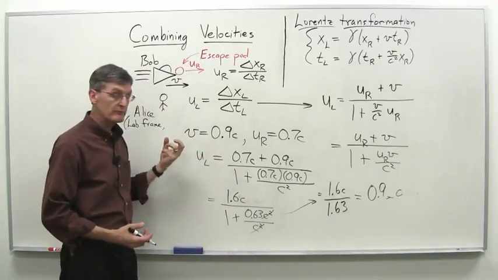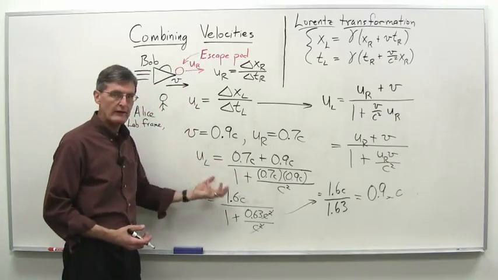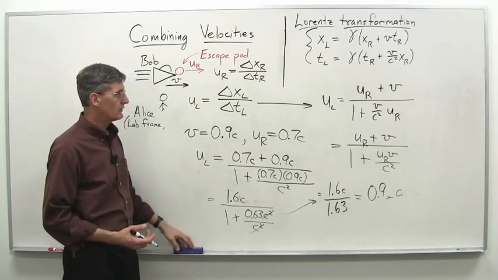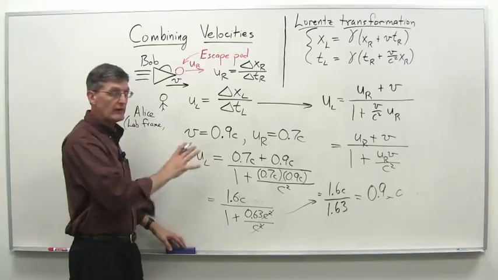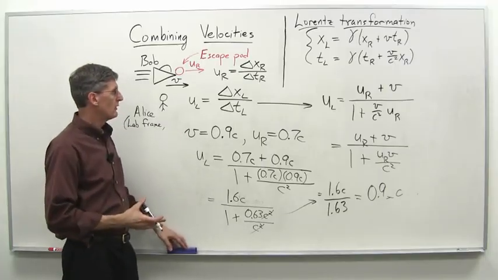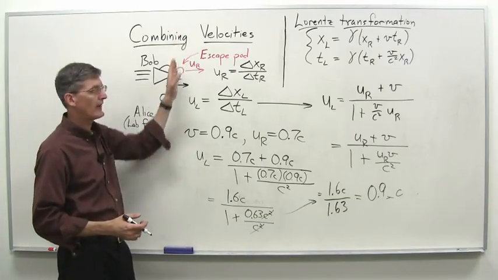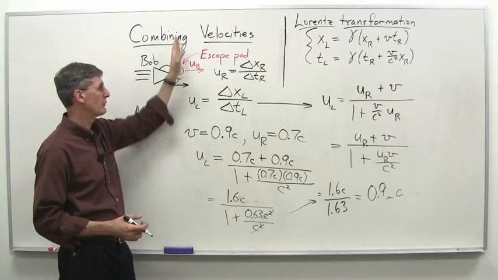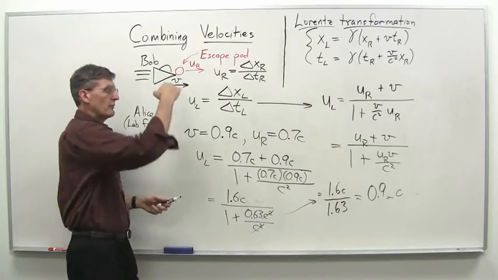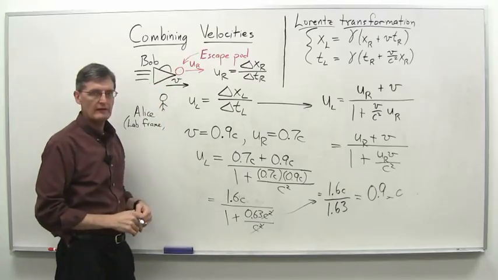But when we get speeds up close to the speed of light, they do not add as we expect them to. A little bit later, in another video lecture, we'll look at the case where the escape pod goes off at a perpendicular angle, either straight up or off to the side. So we'll deal with that as well.